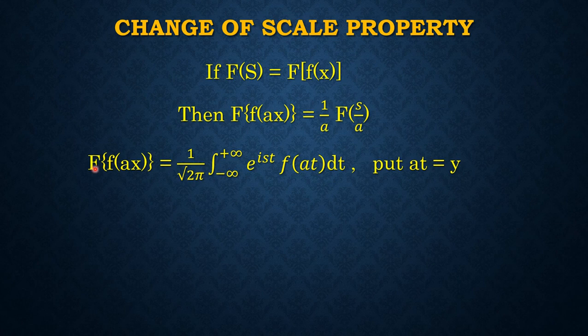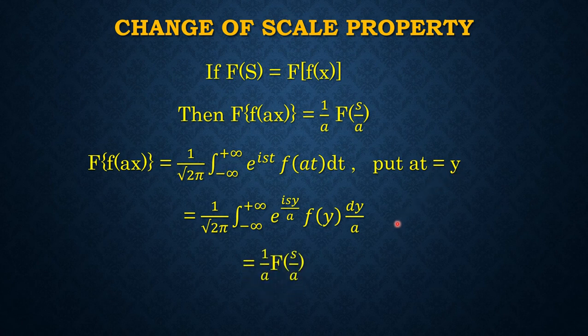We take the Fourier transform of the function f(ax), which is equal to 1 by root 2 pi integration minus infinity to plus infinity e to the power ist f(at) dt. Now put at is equal to y, then dt is equal to dy by a.